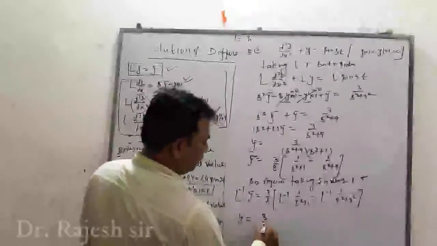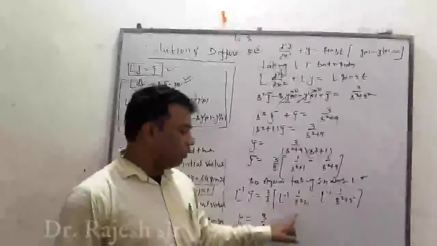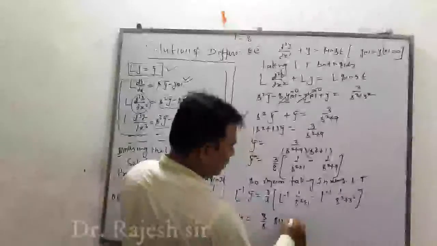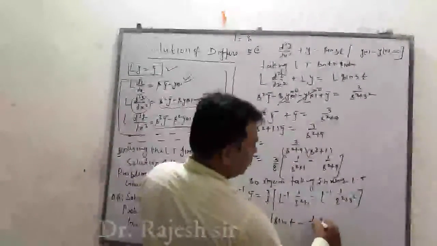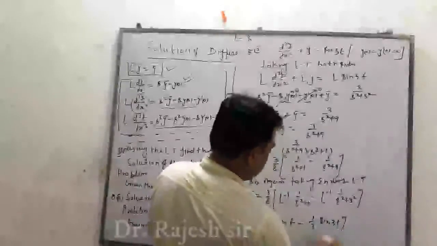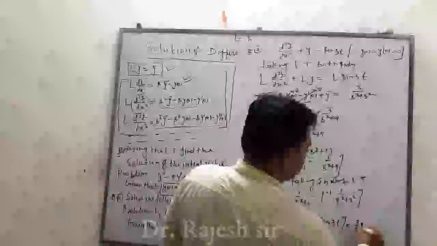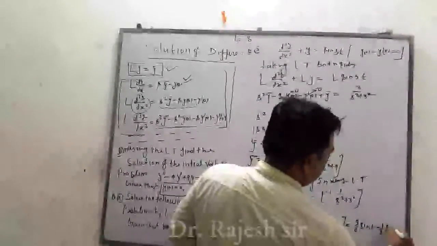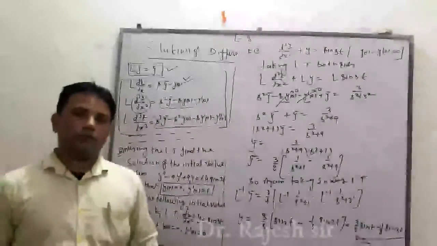Laplace inverse of 1 upon s square plus a square is 1 upon a sin at. So it is 3 by 8 (sin of t minus 1 upon 3 sin of 3t). Multiplying, 3 by 8 sin of t minus 1 by 8 sin of 3t. This is the required answer of this question.